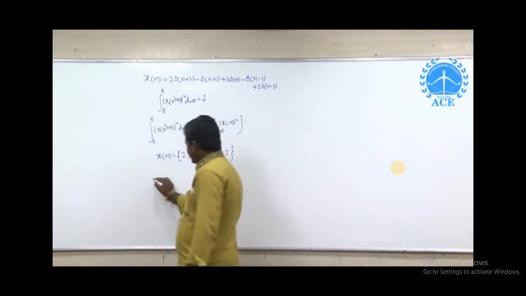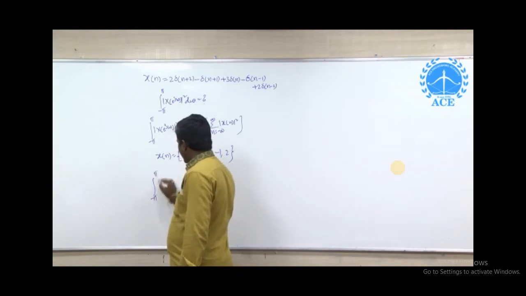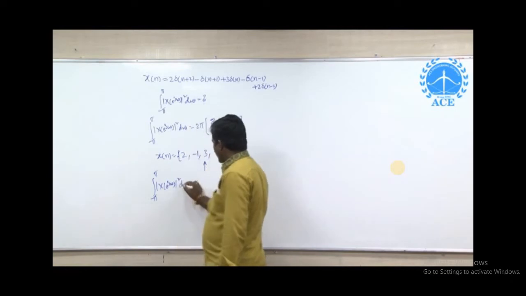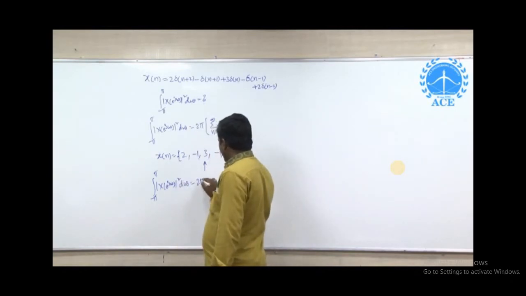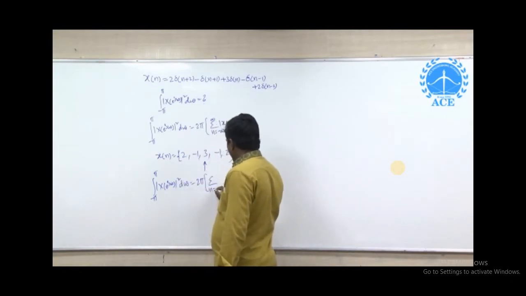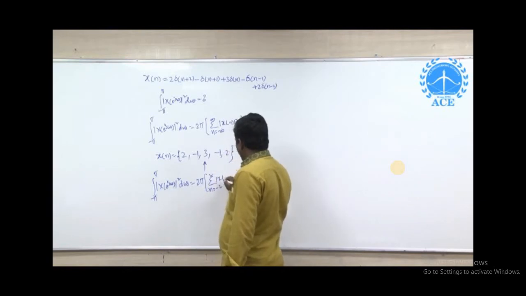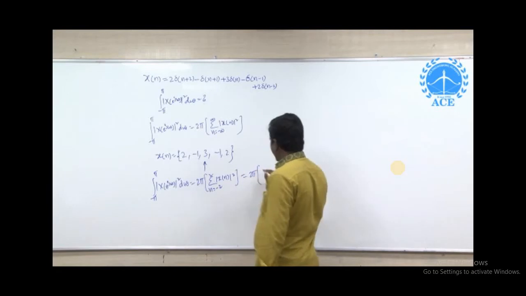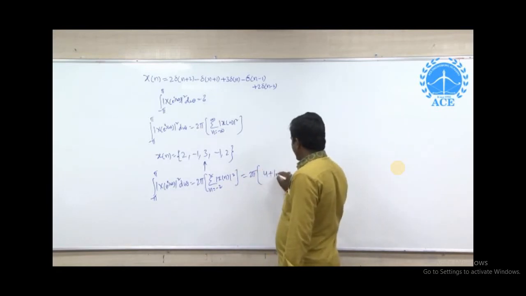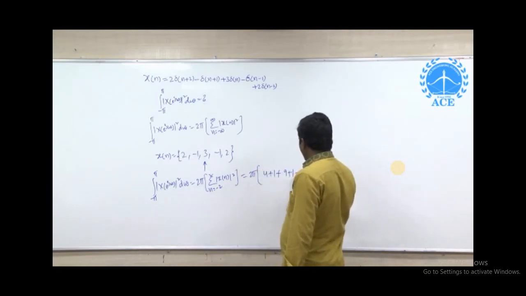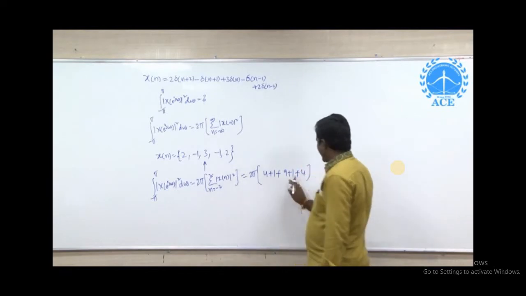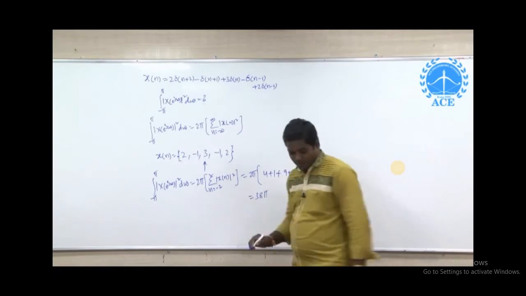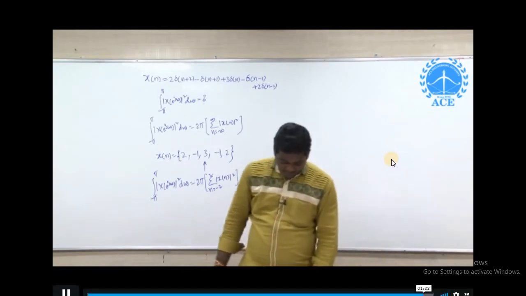So the integral from minus pi to pi of mod X of e power j omega whole square d omega is equal to 2 pi times the summation n equals minus 2 to 2 of mod x of n whole square. This is equal to 2 pi times 2 square, 4, plus 1 plus 9 plus 1 plus 4. So 5, 14, 15, 19. 19 into 2, 38 pi. So the right answer is B.